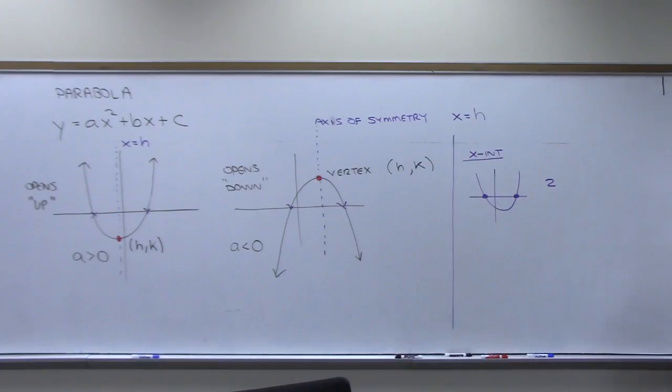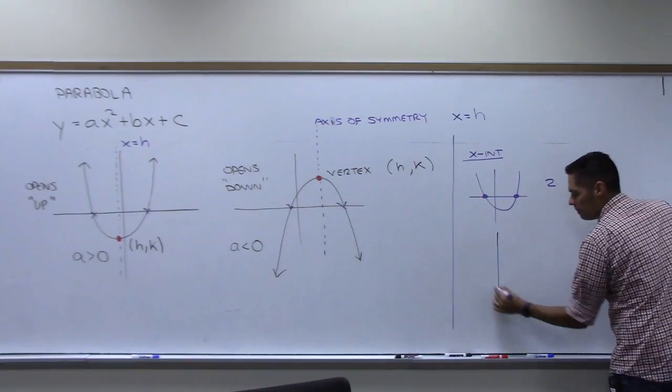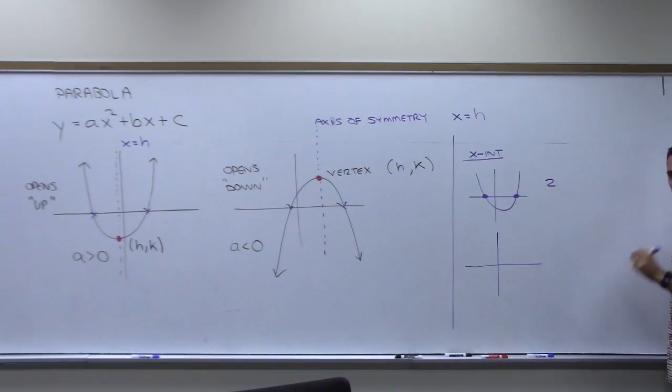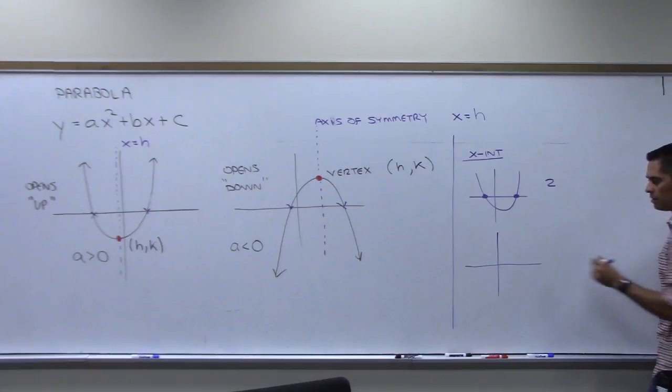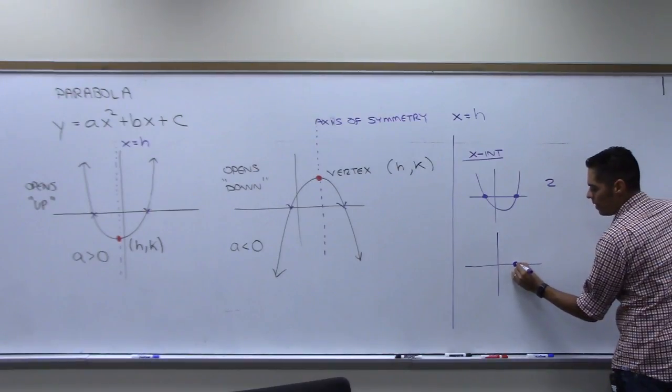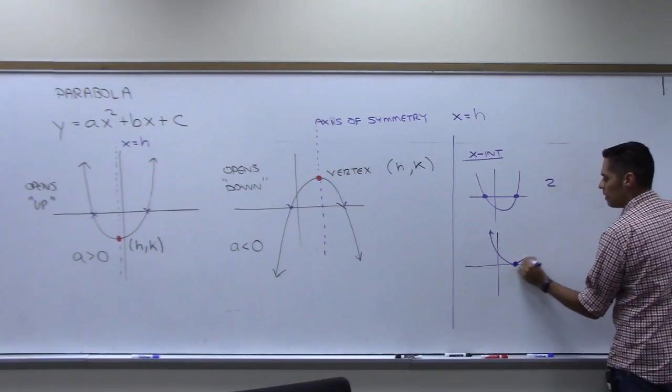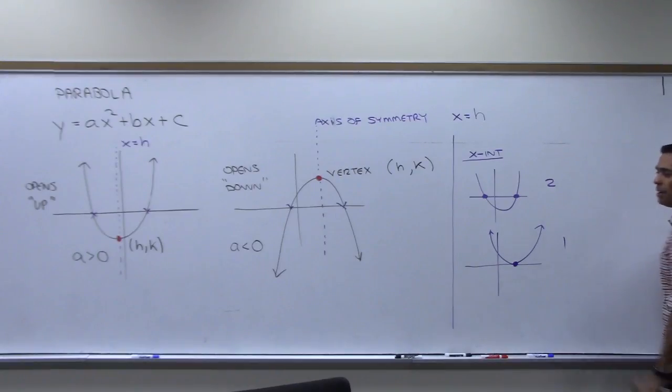Is it possible to only have 1? Yes. What would that require? That the vertex is on the x-axis. So what if your vertex is right here on the x-axis and it goes up like this and up like this? Then you'd only have 1. Is it possible to have none? Yes.